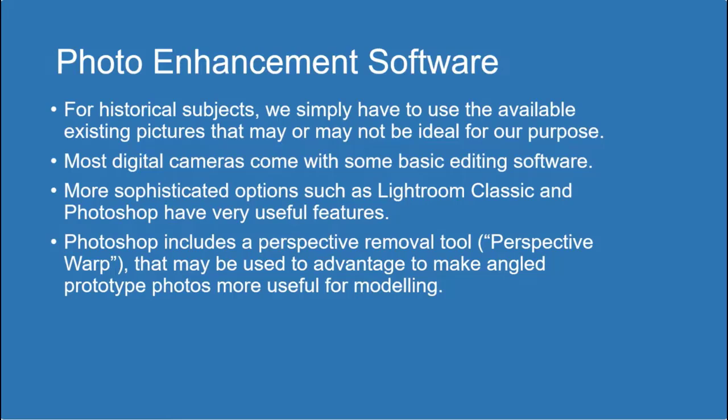Most digital cameras come with some basic editing software, and there's more sophisticated options such as Lightroom Classic and Photoshop and several others that have very useful features. For example, Photoshop includes a perspective removal tool called Perspective Warp that may be used to advantage to make angled prototype photos more useful for modeling. So do other programs include that feature.